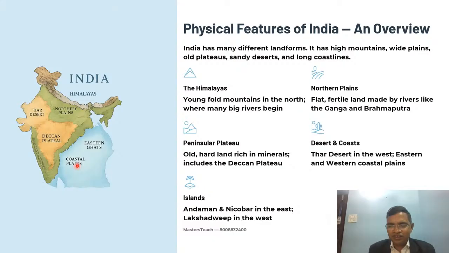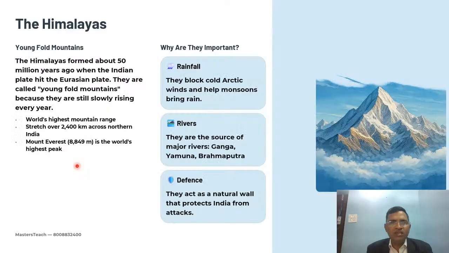When you are listening to this class, you can keep an atlas or an Indian map so that you can literally view what I'm telling. Then the Himalayas. The Himalayas formed about 50 million years ago when the Indian plate hit the Eurasian plate. So they are called fold mountains.